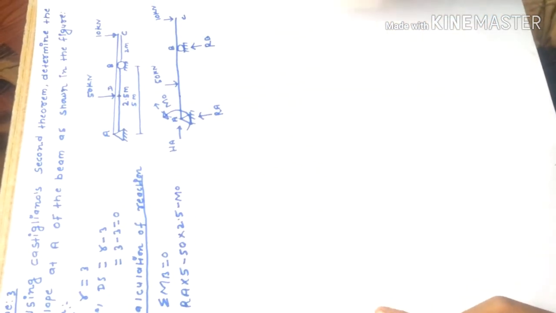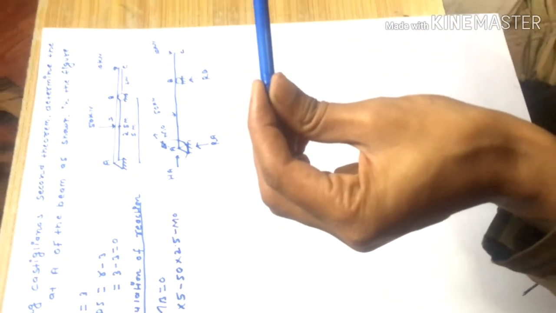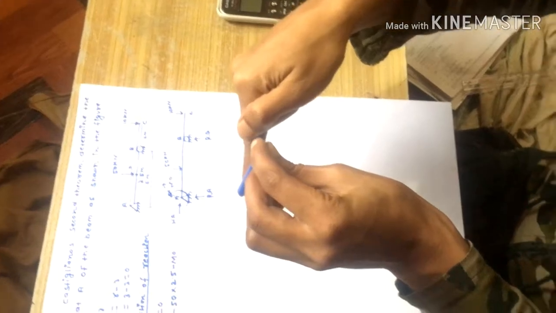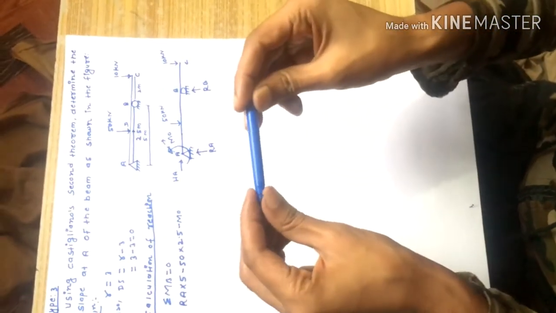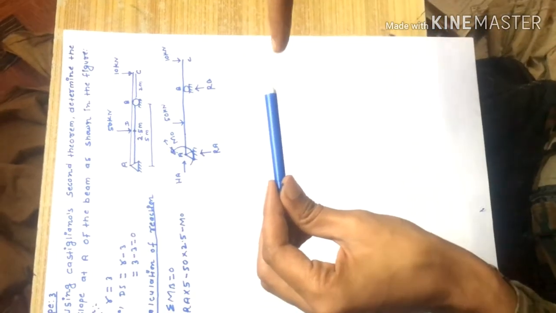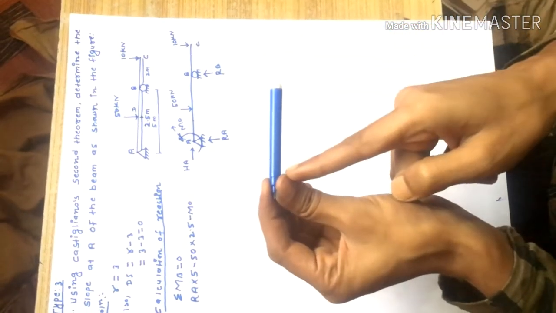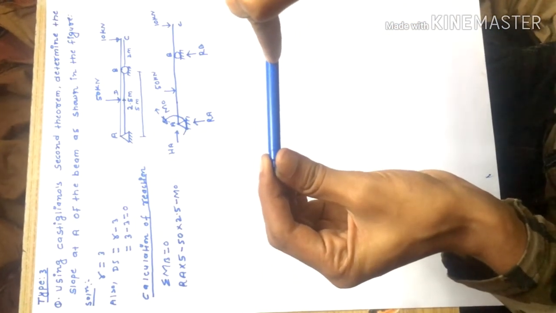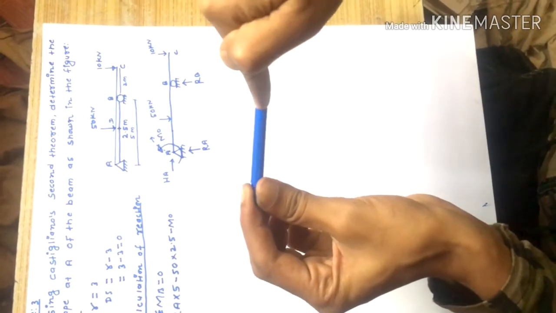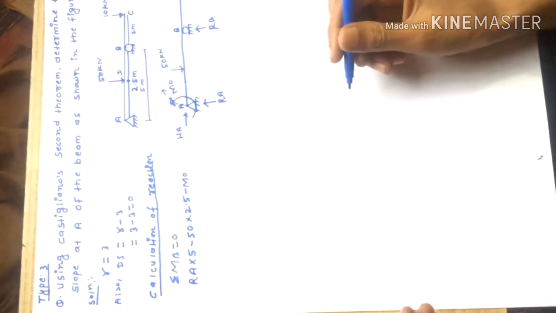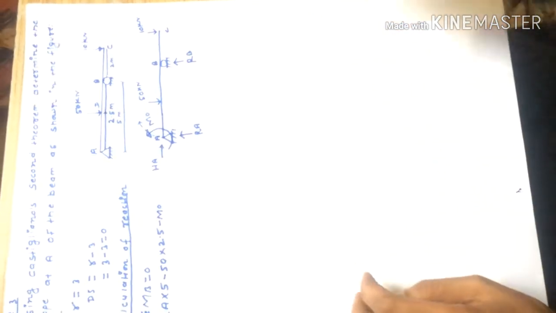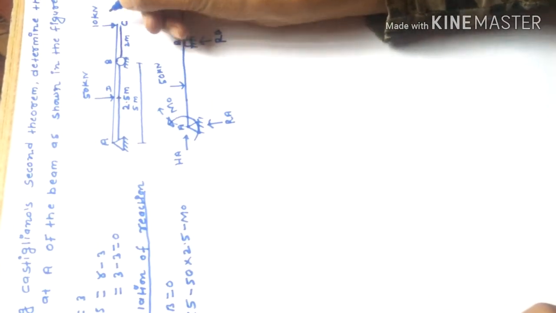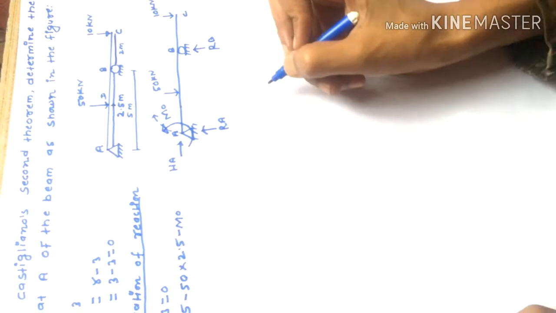Next, if this is point B and this is the 10 kilonewton force acting at C, then this will rotate the figure in clockwise direction. In the figure we can see the perpendicular distance is 2.